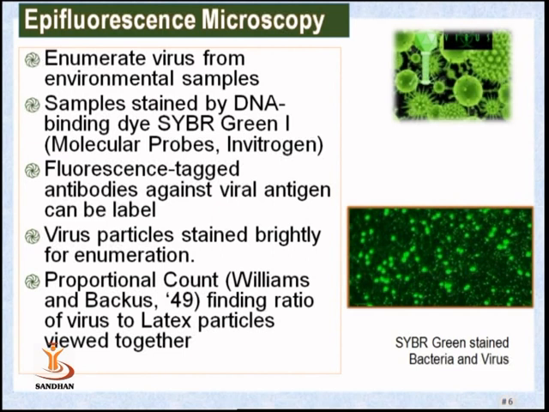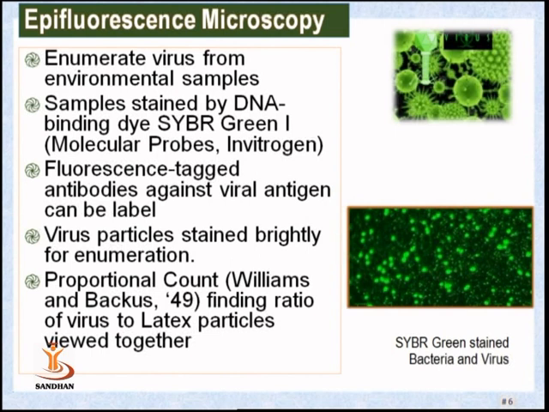So wherever there are viruses, the antibody will bind to the viral antigen, and along with the antibody, the fluorescent label also gets tagged to the viral particle. That is how, wherever the fluorescent label has been retained in the sample, we see bright green colored spots, as we see in the microscopic image over the slide.